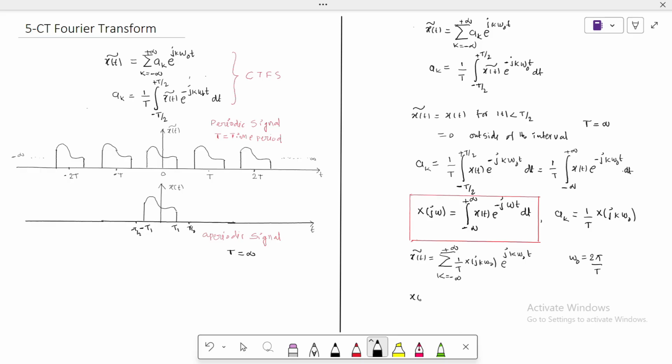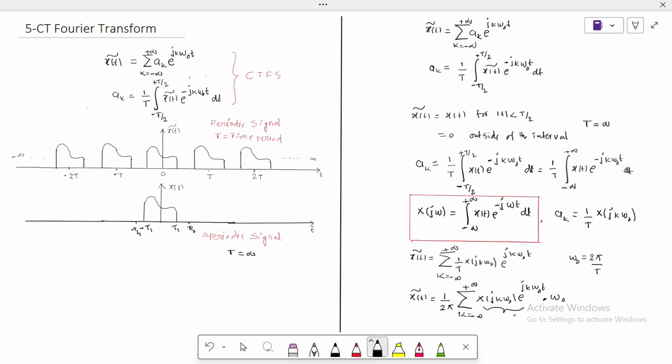So this x of t becomes 1 by 2 pi sigma x of jk omega naught e power jk omega naught t into omega naught, from k equal to minus infinity to plus infinity.